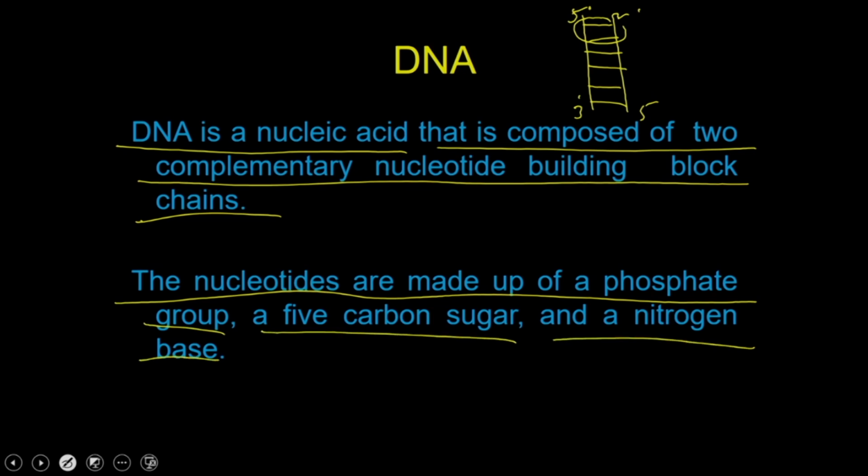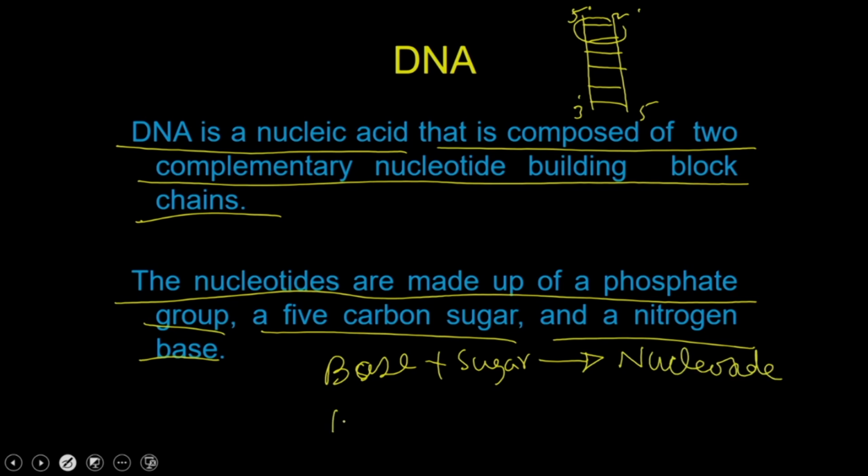So, as you know, when the base is added to the sugar, it forms the nucleoside, and when the nucleoside is attached to the phosphate, it is called a nucleotide.